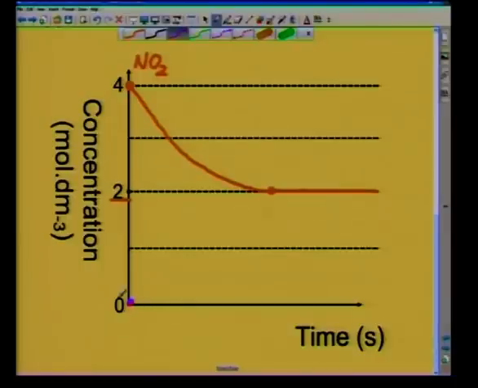I'm starting there at 0. But if 2 moles of nitrogen dioxide have been used, half of that should be formed, and half of that will be 1. So if that is 2, this will be 1, and that will be 3. So 1 of this would have been formed, and the equilibrium will be reached at that point, so I'll have that.